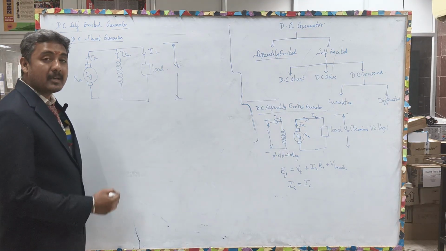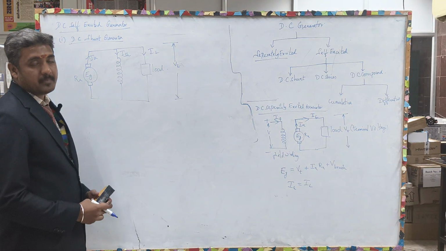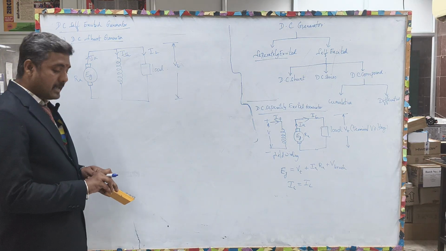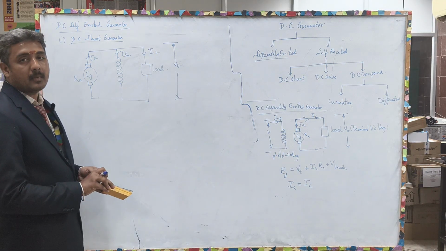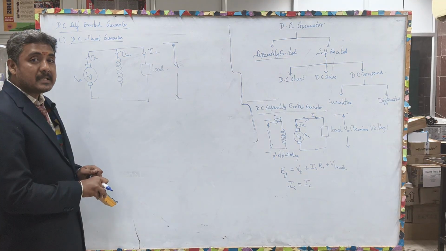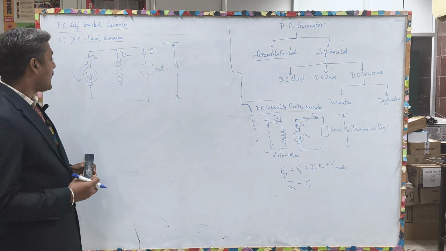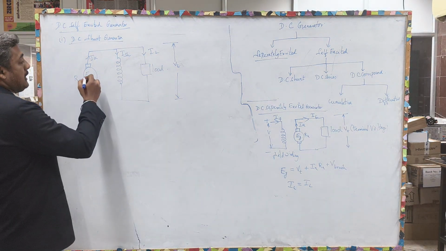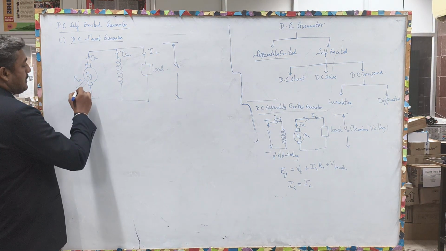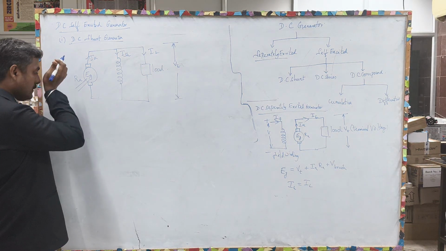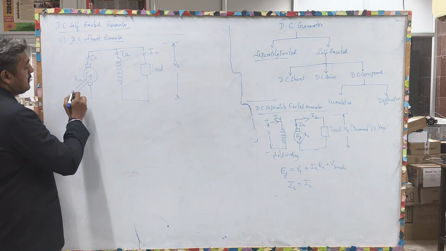Why we are giving this direction means, see here in a generator the electrical energy is produced and it will be given to the load. Okay, therefore this prime mover is given to the turbine.